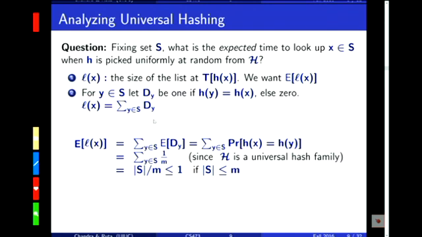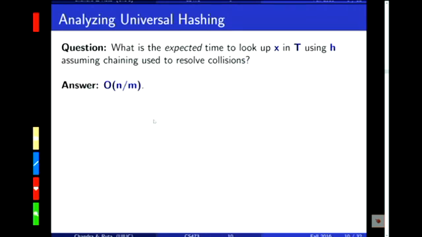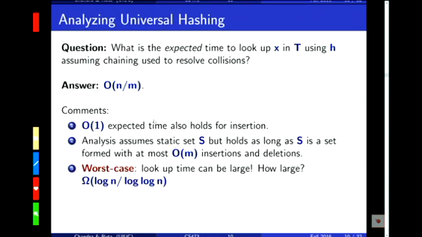So the expected bin size, or expected linked list size, at any position is order 1, or 1 actually, when S and T are exactly of size m, right? So in general, if n is the number of elements in the set, then the expected size of the linked list at any position is order n over m. But, so expected lookup time is order 1, that's fine.